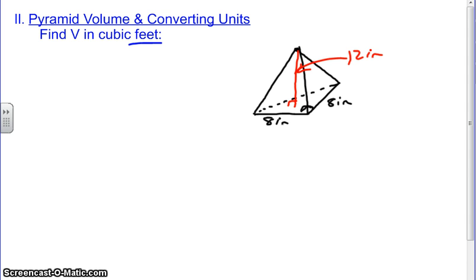So the question is, if this is supposed to be in feet, 12 inches equals how many feet? Everyone? 1. Good, that one's easy. You got that. 8 inches though. 8 inches. We can put our little conversion factor together. We're getting rid of inches and going to feet, right? There's 12 inches in 1 foot. So we end up with 8 over 12, right? And what is 8 over 12 when you reduce it?